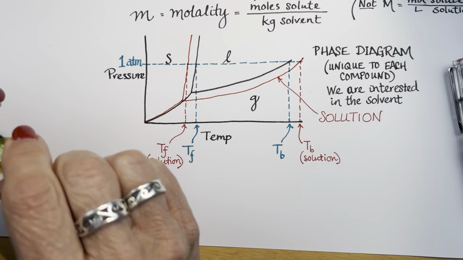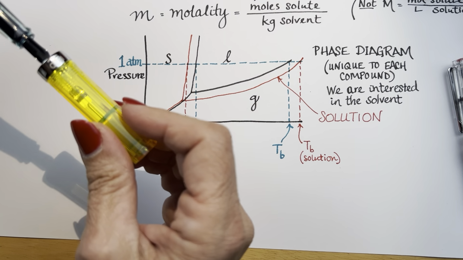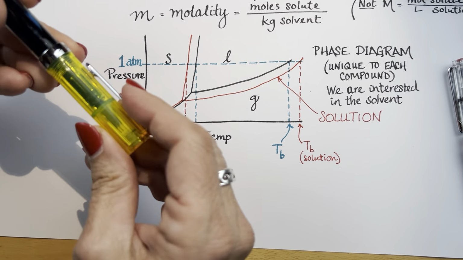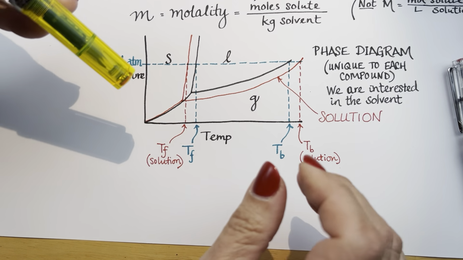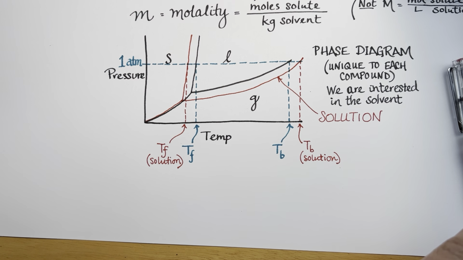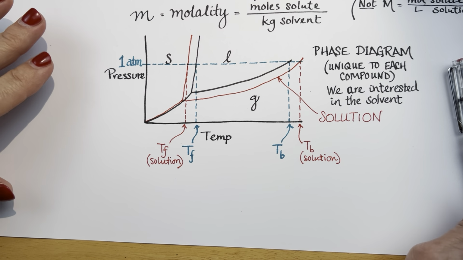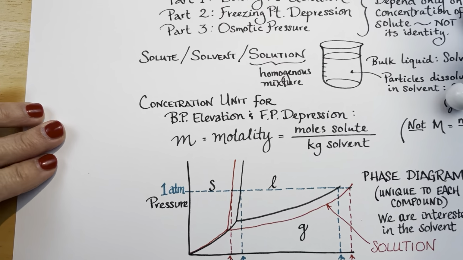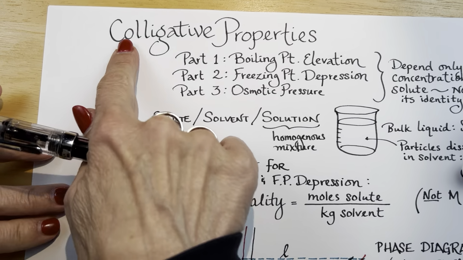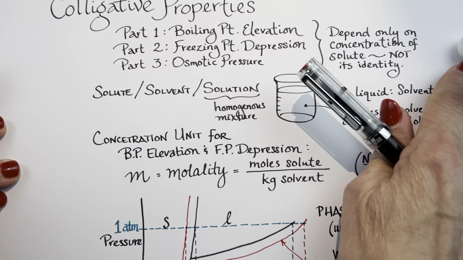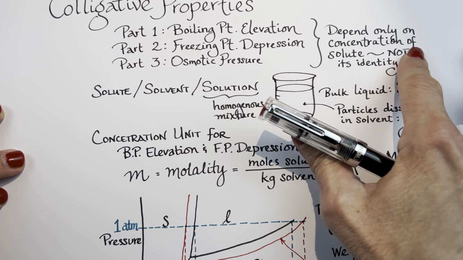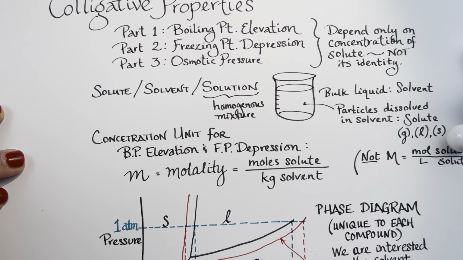And this is based on the concentration of solute particles. As I mentioned before, this whole idea of colligative properties is something that depends only on the concentration of solute, not its identity.